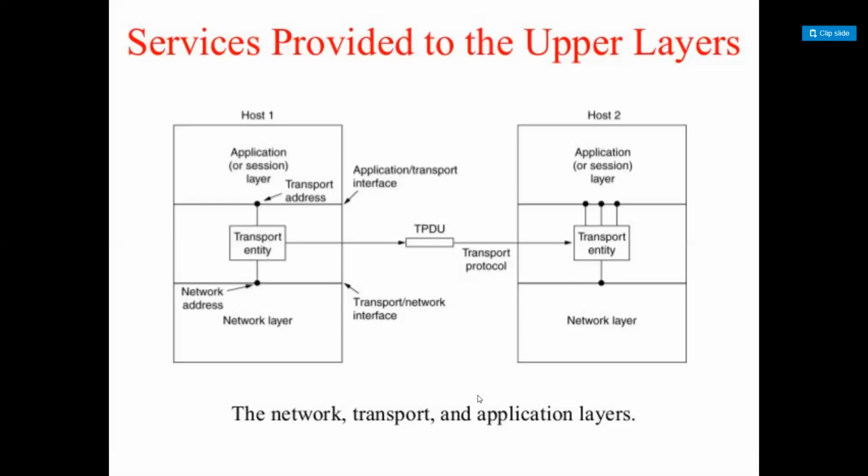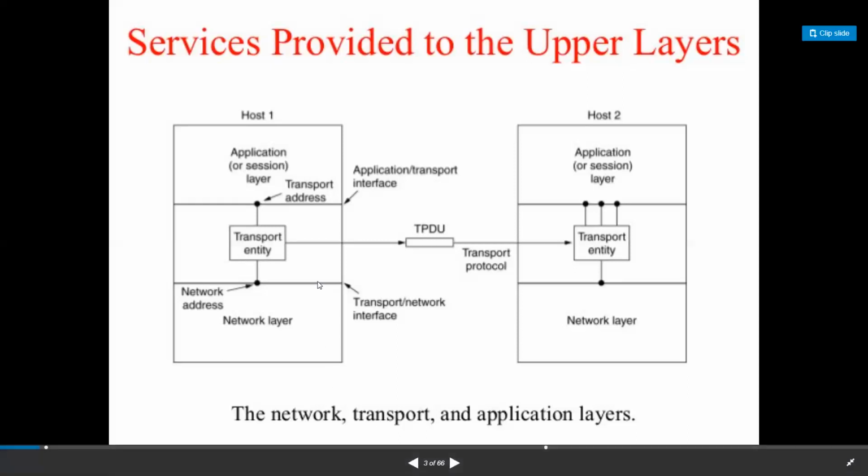Normally, to achieve this goal, the transport layer makes use of the services provided by the network layer. It will take the services from the network layer and provide the services to its above layer, the application layer.